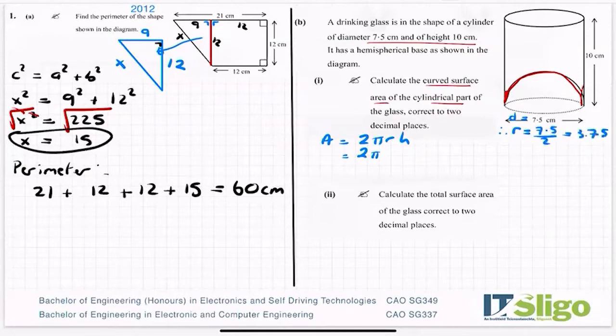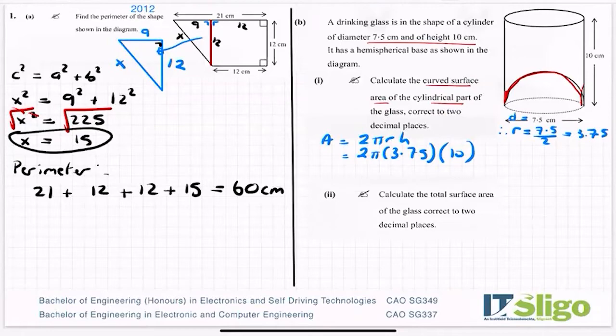And why do I do that? Well, it's the radius that I need for the formula, and my height then is 10. So 2 times pi times r times that h of 10.